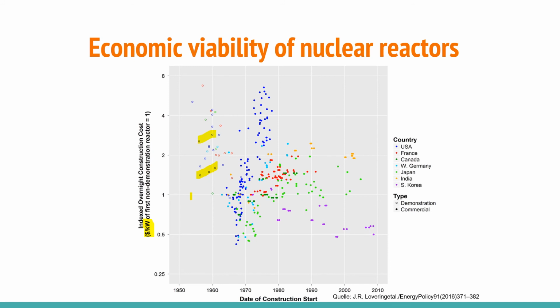And then we start with the first real reactors in the Western world in the 60s. And then the price of the reactor first dropped. And then it has gone up. Why did the price go up?